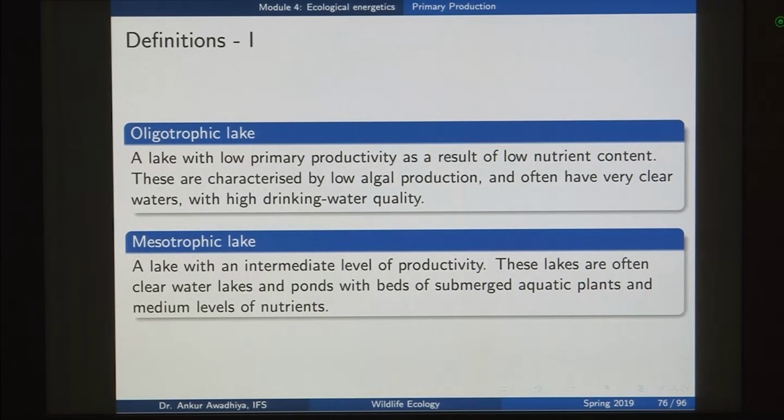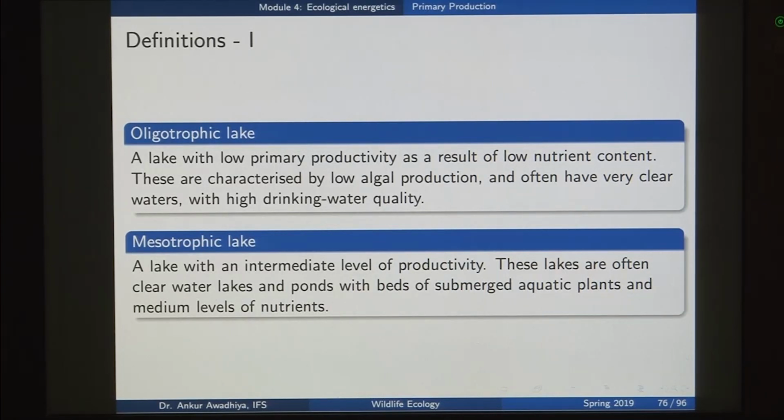Like, they will require concentrations of nitrogen, phosphorus, potassium and so on. Now, does an area provide these nutrients, and to what extent, is one way through which we define the trophic status of a particular place.